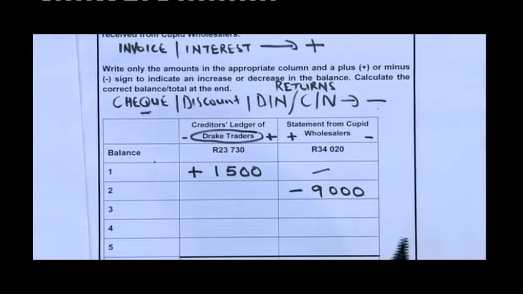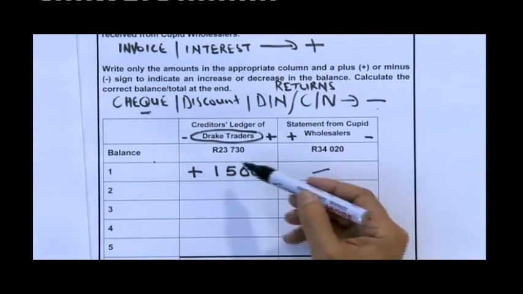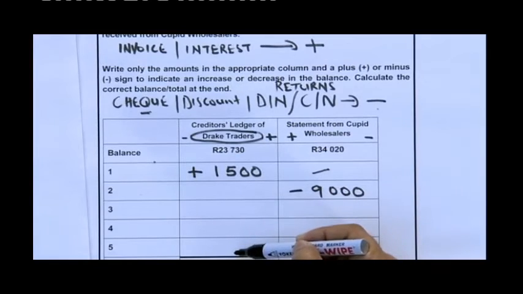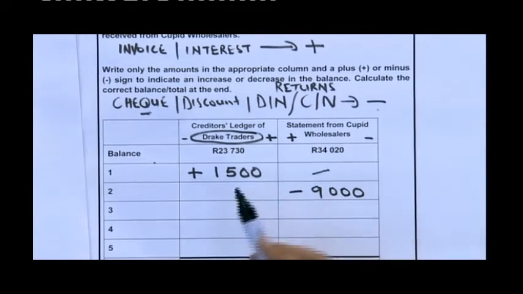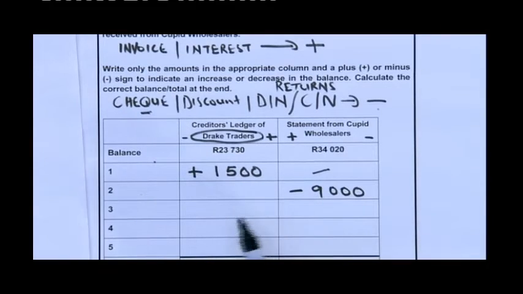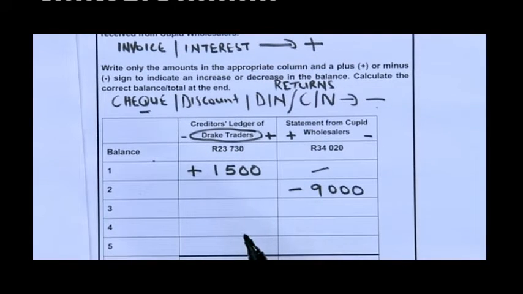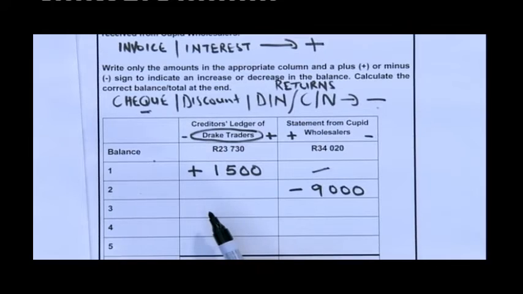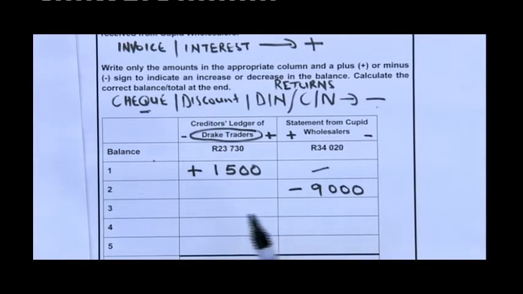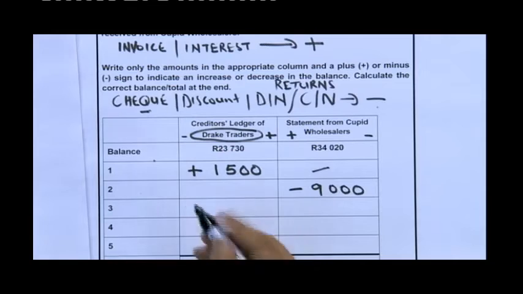Okay, and the mistake is only by Drake, and that is who we are. Whenever you get a transaction like this, you first have to identify who has made the mistake. The mistake was made by Drake, which is us. Now it says it's an invoice, so you were supposed to add, but you went and minused.